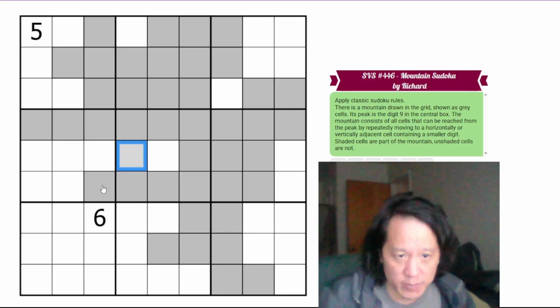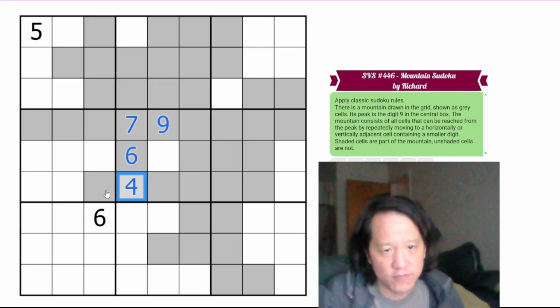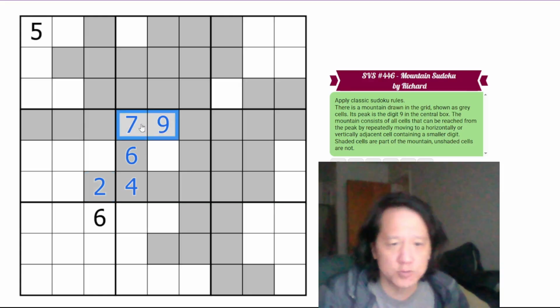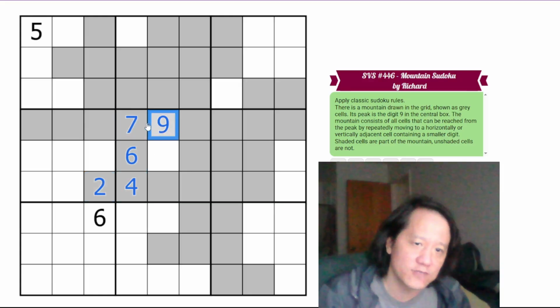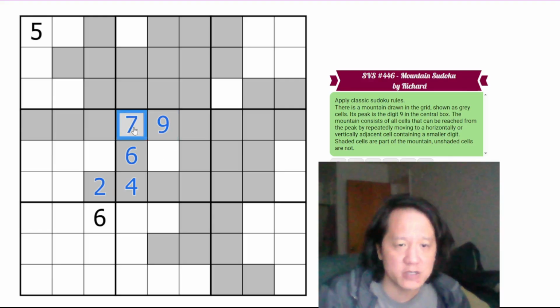So, for example, say that the 9 was here, and then this was 7, 6, 4, 2. This would be valid because you can get from here to this cell just by going horizontally or vertically, basically through edges.